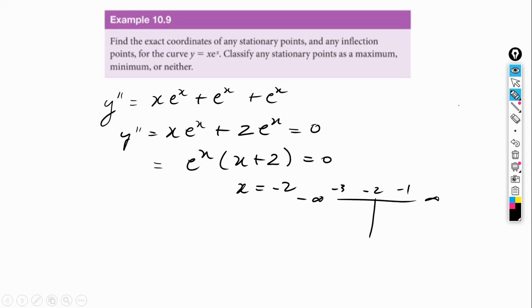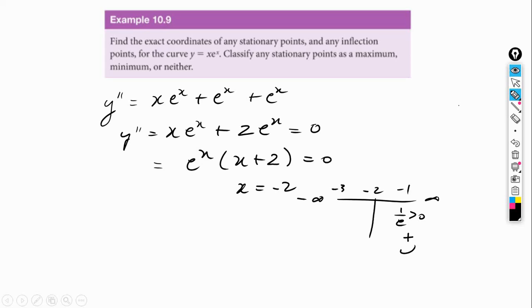We already did -1, and we recall that when we plugged in -1, we got 1 over e, which is greater than 0. Therefore, the concavity here is positive, or upward. So logically, we should get a negative concavity to the left of -2. Let's see if that is true.